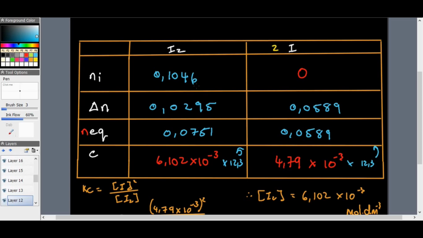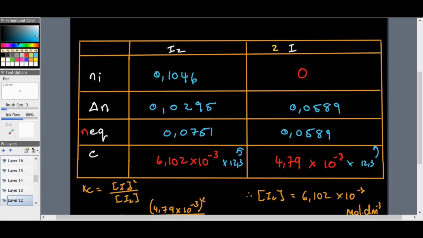So if you take that whole answer and add 0.0589 divided by 2, you'll get 0.1045. But because we used these rounded answers, we get 0.1046. So if you got 0.1045 here, it's also okay. I just used these answers here, so that's how I got that.